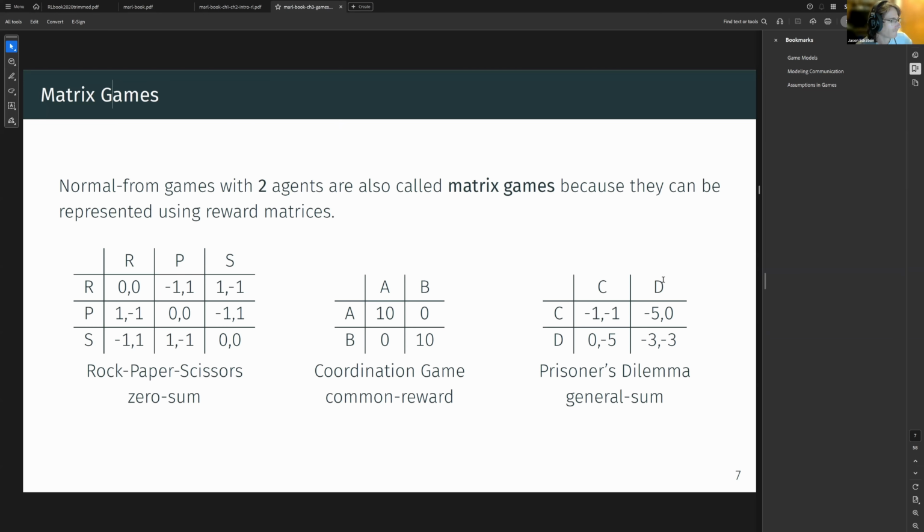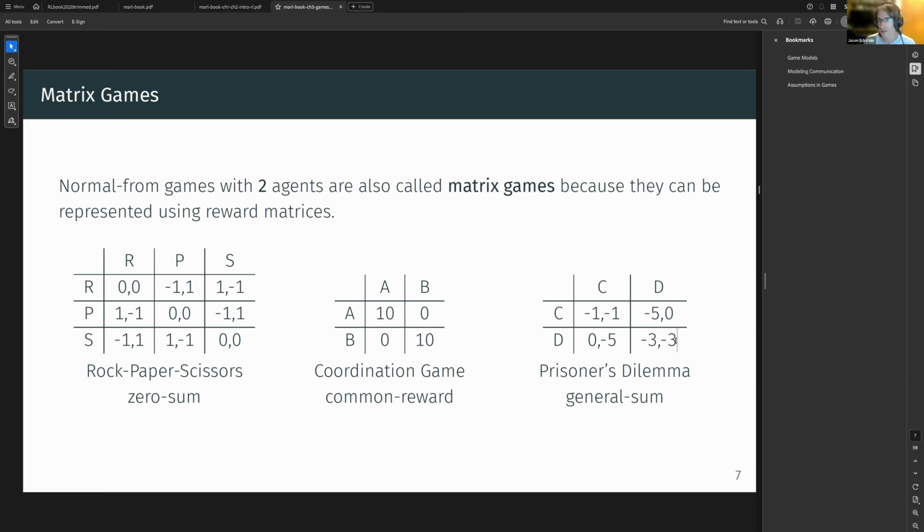But in these cases, there are these equilibrium conditions. And in the case of the prisoner's dilemma game, you can look at a given agent, like let's say this agent knows that action D was selected, for example. So let's say agent 2, the rewards for agent 2 are the second number here.